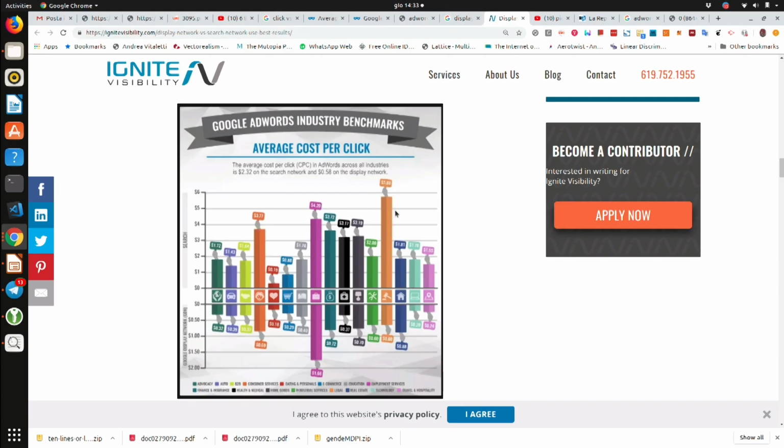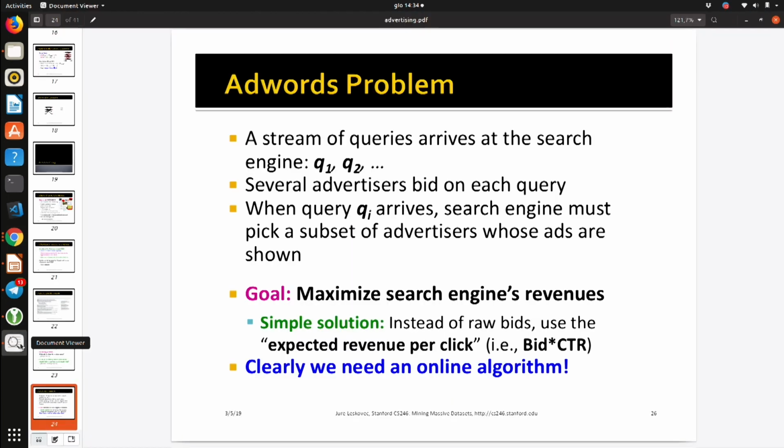I didn't know much about that, but the cost is up to almost $6, and on average 2.32 in the search part, and up to almost $1.5 and on average $0.58 in the display network. So this motivates the multi-billion dollar market.